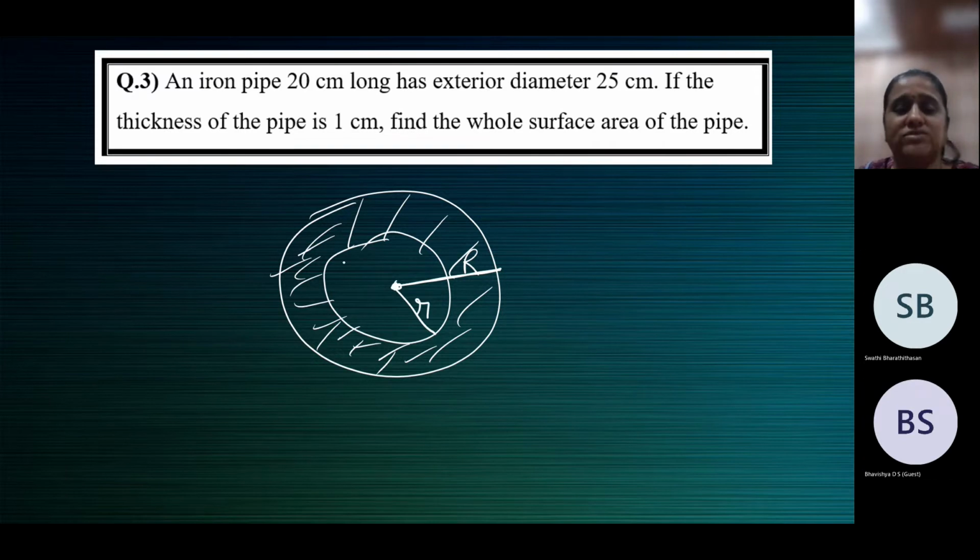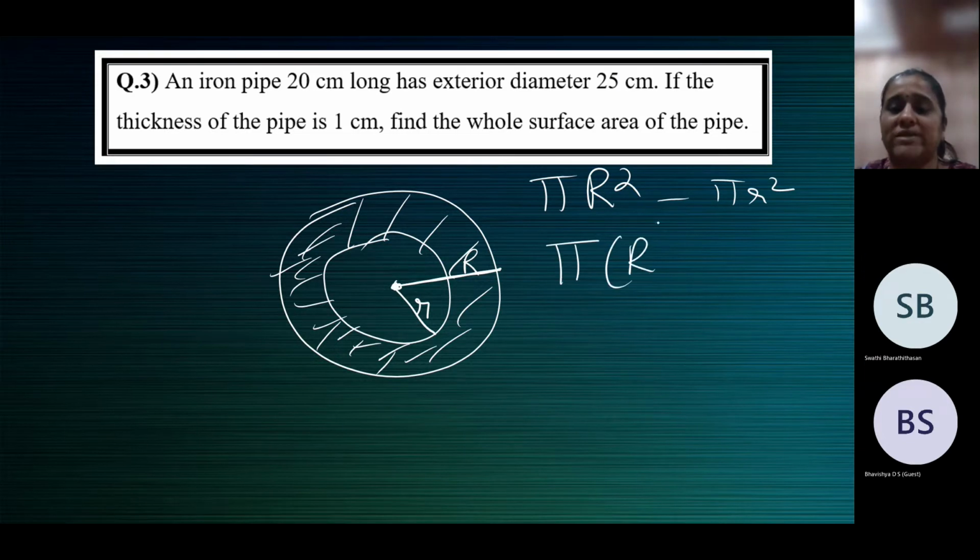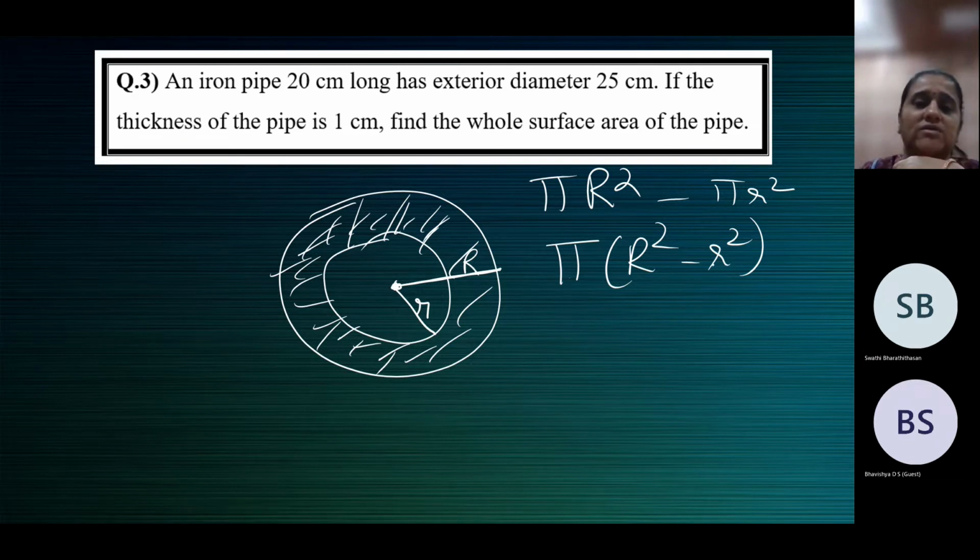So area of the outer circle is pi capital R square. Area of the inner circle is pi small r square. So when you take out pi common, you get R square minus r square. So this is the formula to find the area of the shaded region here, which is called a ring. So area of one ring is pi times R square minus r square. So area of two rings will be 2 into pi times R square minus r square, square units.